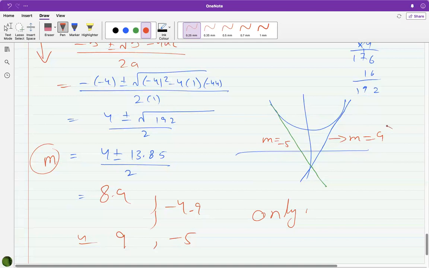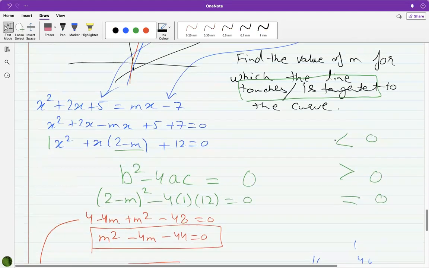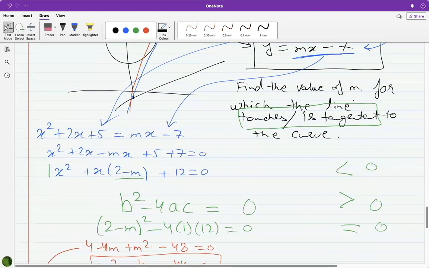If the value of the gradient is more than 9, just assume it is more than 9, the line will be steeper and definitely it will intersect at 2 points. If the value is less than 9, it will not touch it.